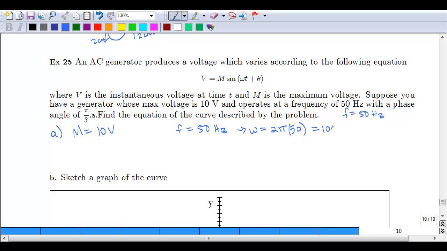So we end up with 100 pi as our omega. And finally, they tell us our phase angle is pi over 3. So y is equal to 10 times the sine of 100 pi times t plus pi over 3.